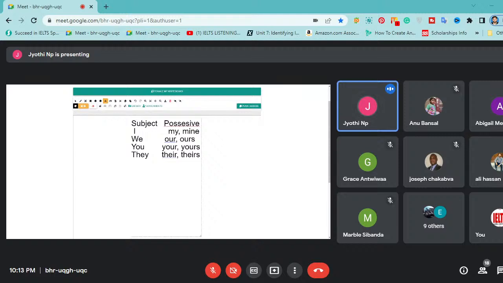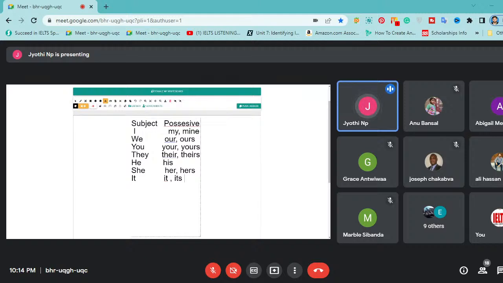Then he, his, she, hers, and hers. It is it and its. Okay, this is the possessive pronouns.